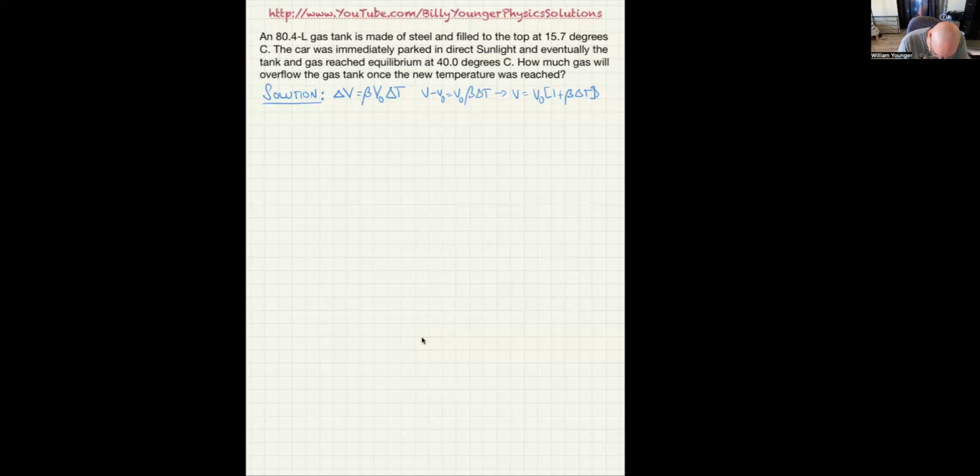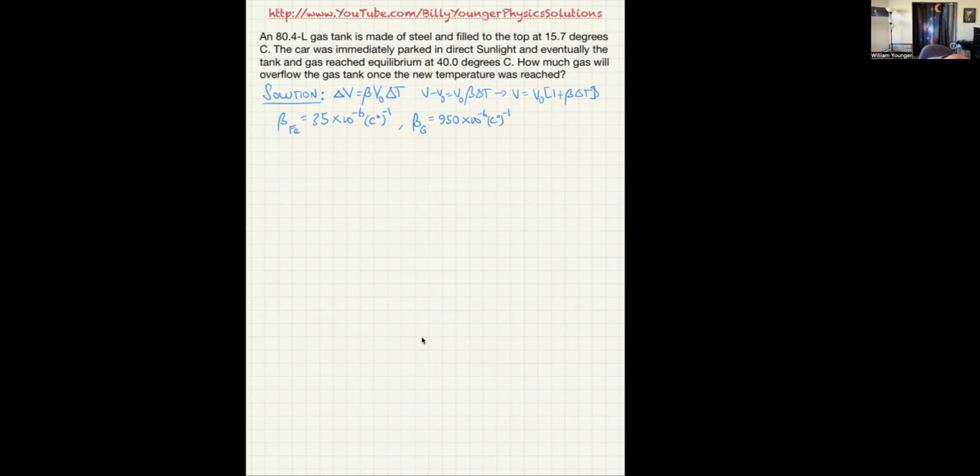The beta for iron or steel is 35 times 10 to the negative 6 reciprocal Celsius degrees. The beta for the gasoline is 950 times 10 to the negative 6 reciprocal Celsius degrees.